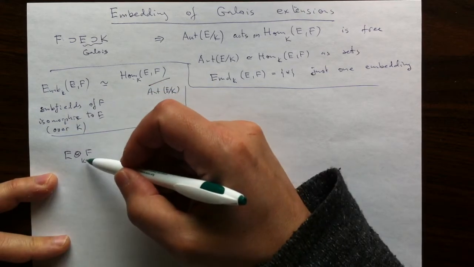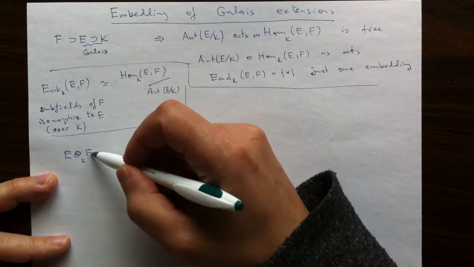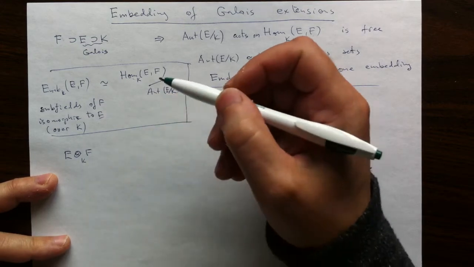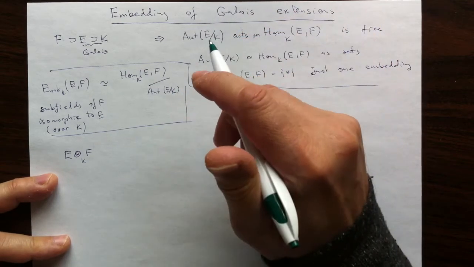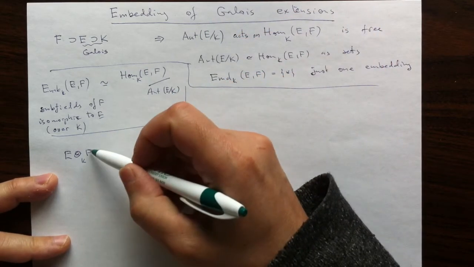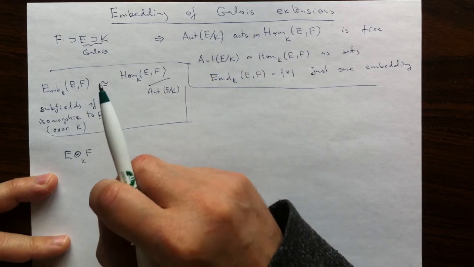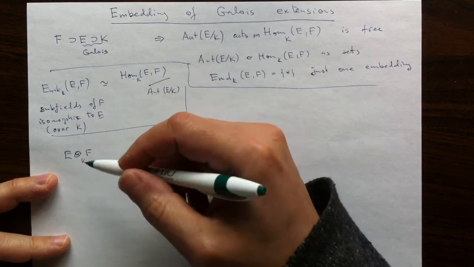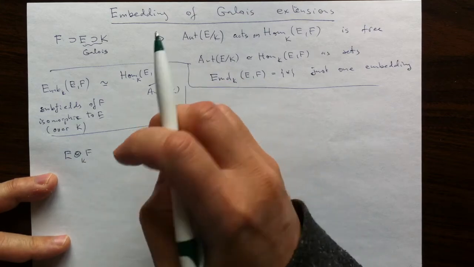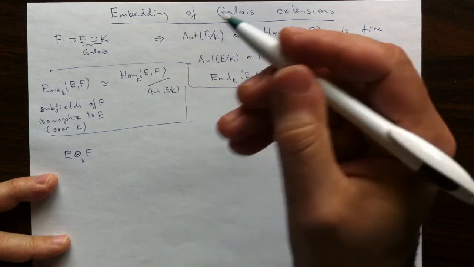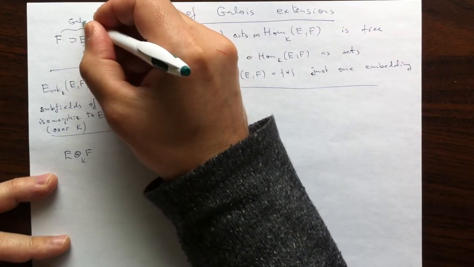Well, it's an algebra over F. I can use this component in the tensor product to multiply with scalars from F, thinking of F as the new domain for scalars, and that will make it a commutative algebra over F. And again, by general feature, it's a tensor product of two separable algebras, so it will have to be separable. Yeah, we'll have to assume that this is separable, so we'll have to assume that this is also Galois.